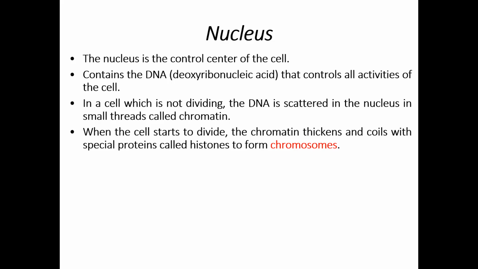It's hard to imagine that all of our information is contained in these very thin strands, that we have 23 pairs of chromosomes, and that contains all of our genetic information.